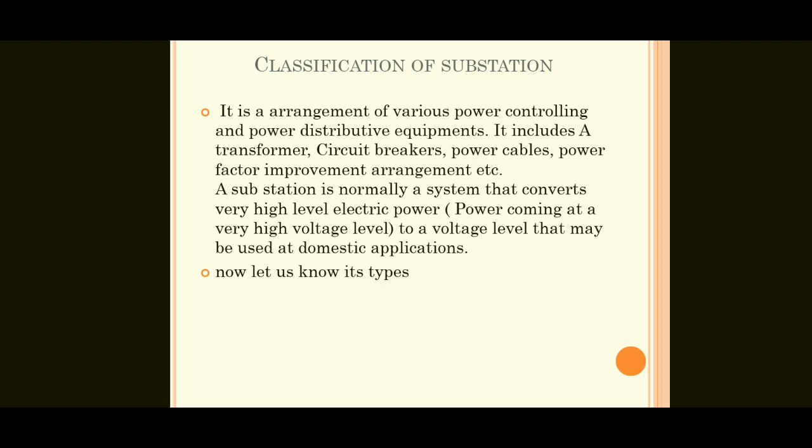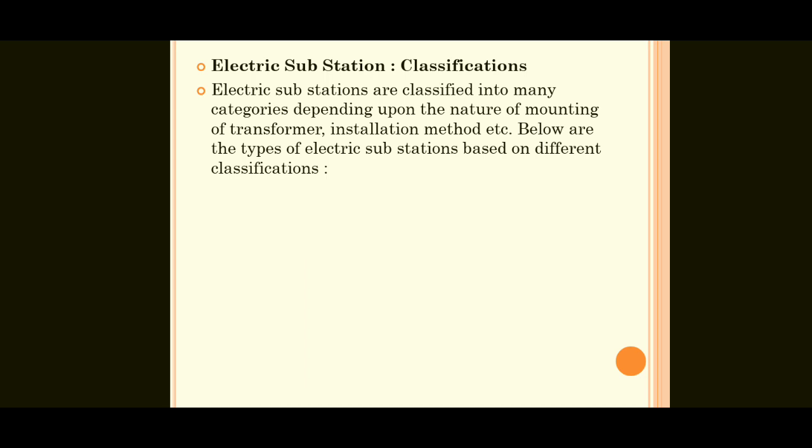Different items are present, and this substation converts very high level electrical power, meaning high voltage, to low voltage. So two types are present.